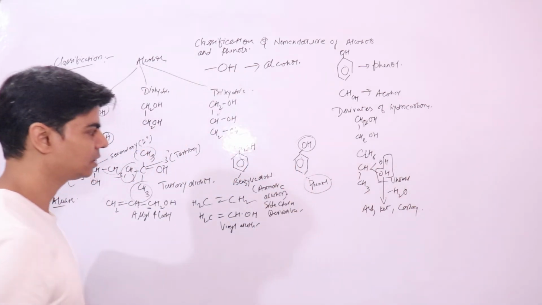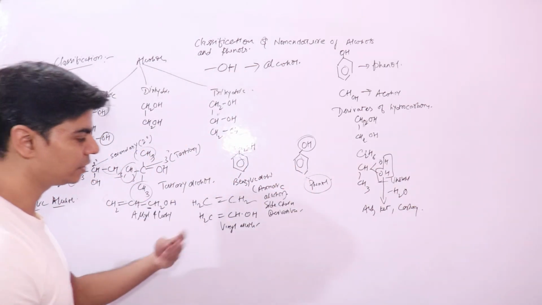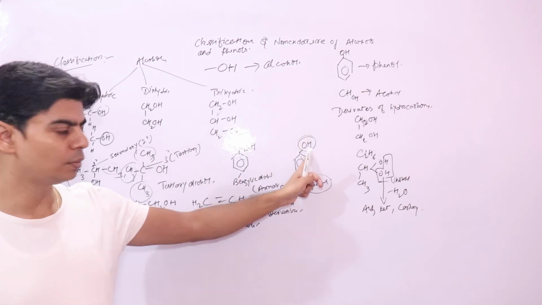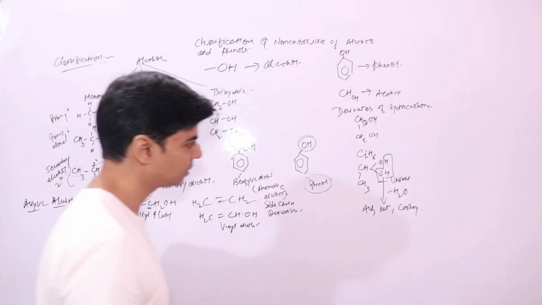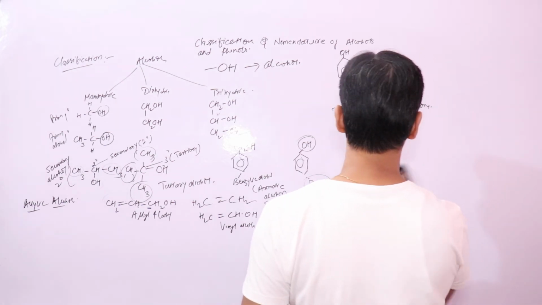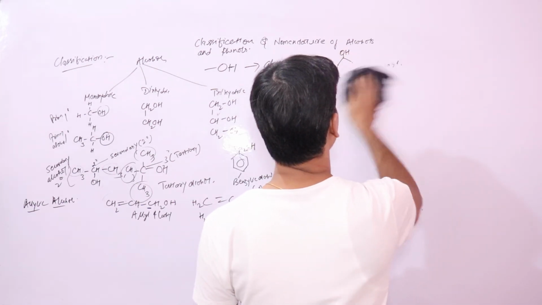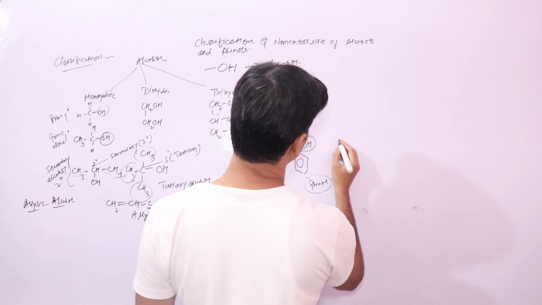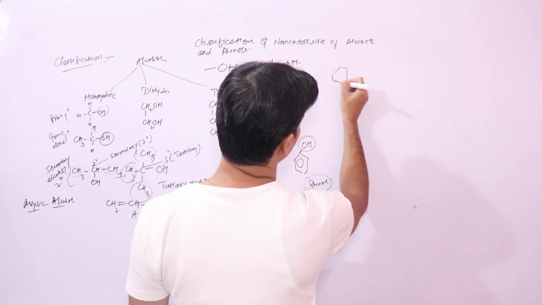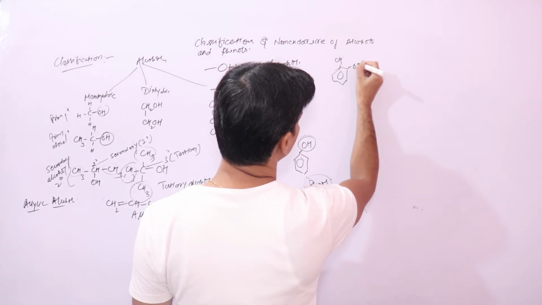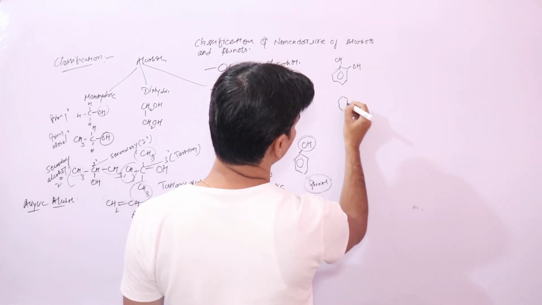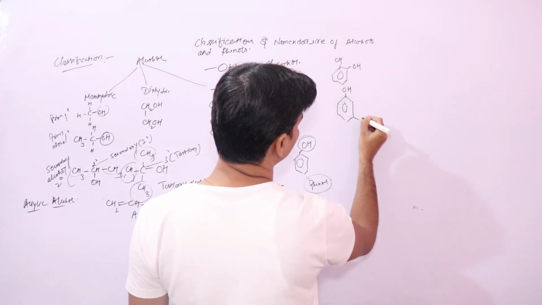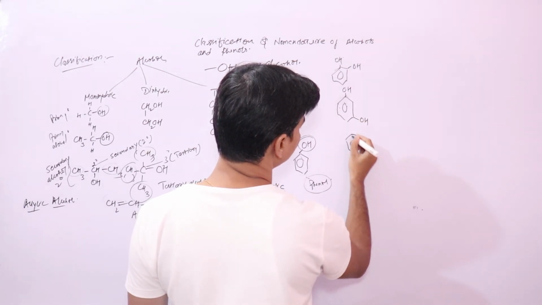Now these can be further classified depending on whether it has one OH group, two OH groups, or three OH groups. For example, let's look into it. If you have this, like this, you can see the position of OH is changing.